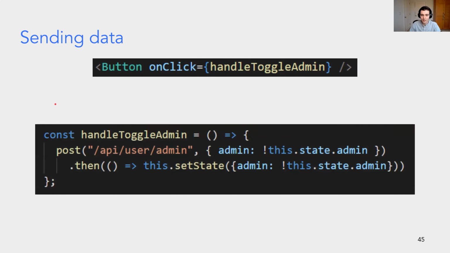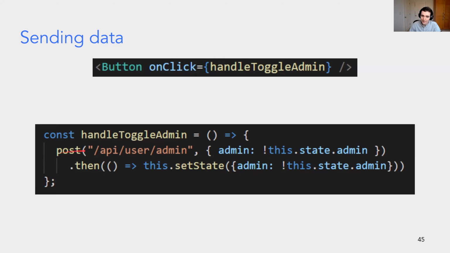So here's what handleToggleAdmin might look like. It might make a post request to the server, in this case to /API/user/admin. It might send some data. In this case, it's just toggling the current state of whether that user is an admin or not. And then when it's finished with that, it's going to have this callback to just set state to the same thing.